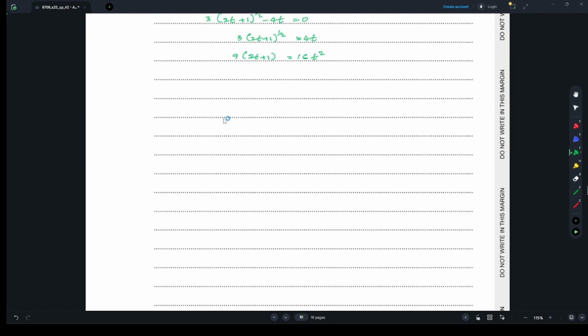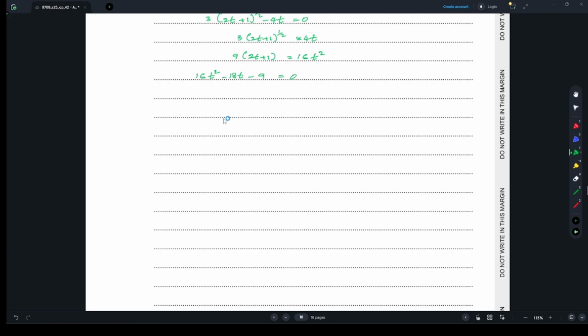Right, so now it's going to be a quadratic equation. So we have 16t square, and here you have 9 times 2, 18t goes to the other side, so it's minus 18t, and 9 times 1 is 9 goes to the other side, so minus 9, equal to 0.